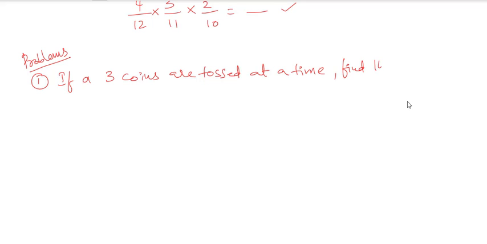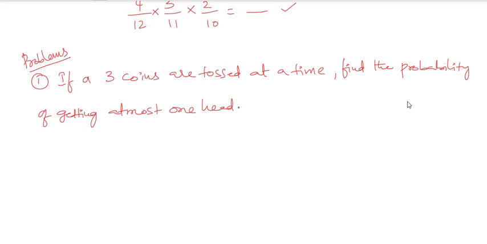If 3 coins are tossed at a time, find the probability of getting at most one head.